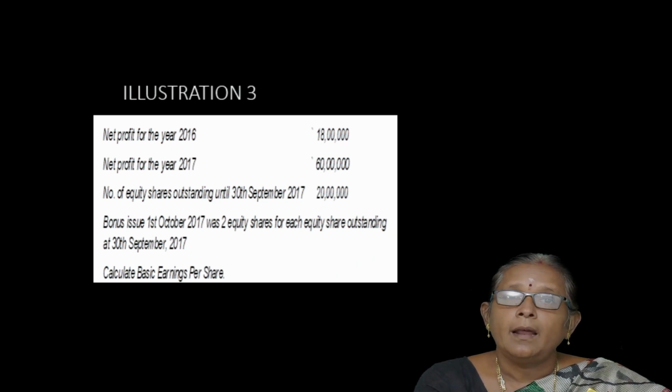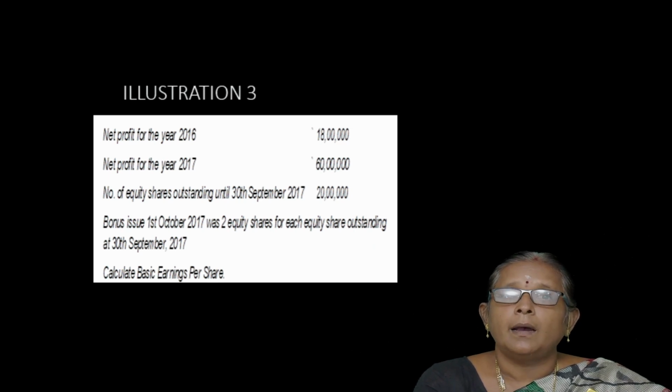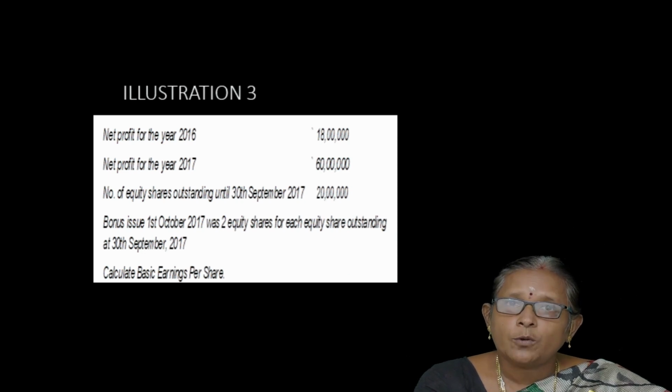So, in numerator earnings available to equity shareholders 60 lakhs rupees divided by weighted average number of equity shares. Here there is no need to find out weighted average number of equity shares because in case of bonus issue it is deemed to have been issued from the beginning of the year. That is why total number of shares are taken.